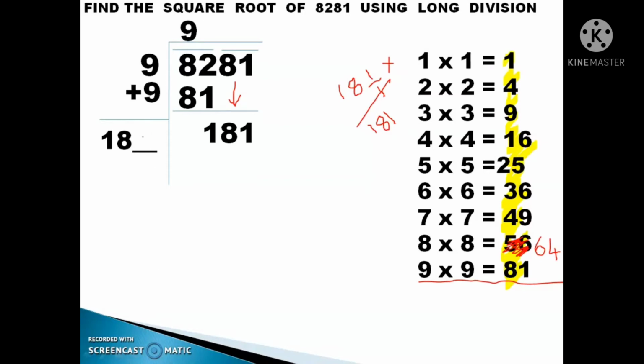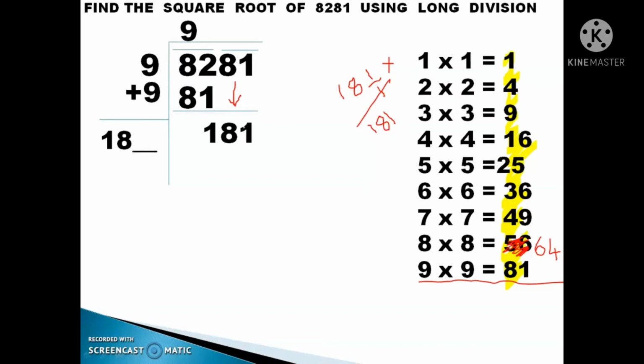Students, once again, how will you find that number? You will trial and error. That is, you will put the number from 1, 2, 3, 4, 5, 6, 7, 8, 9 and multiply that number with the same number. Here I put 1. I multiplied the whole number with 1. What is your aim?